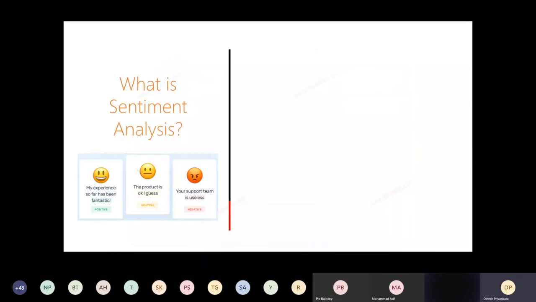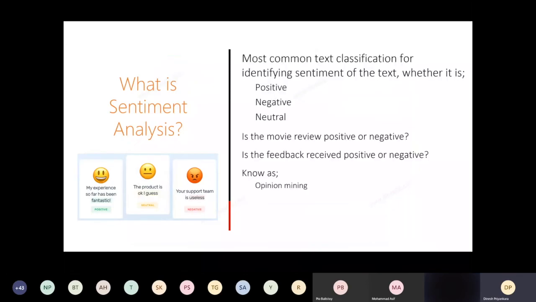I have added a few points on this. If you go through the slides, you can understand certain important things we have to know in terms of sentiment analysis. So we talk about positive, negative, and neutral. We always try to check whether the reply, the feedback, or the answer we got is positive or negative. You can see some sample questions: is the movie review positive or negative? Is the feedback received positive or negative?